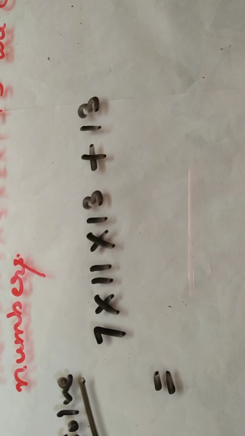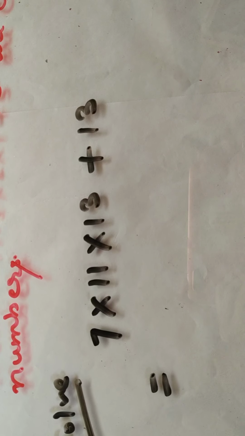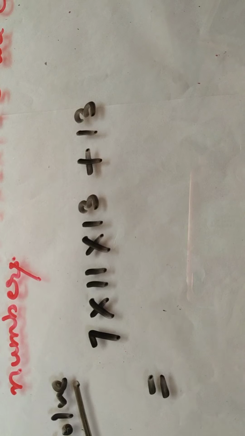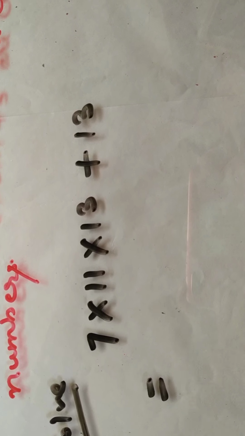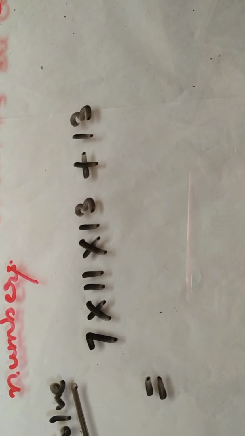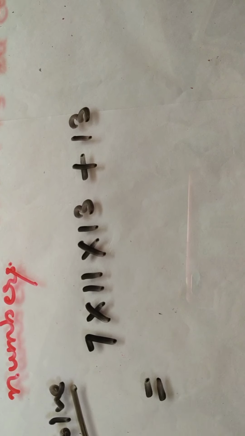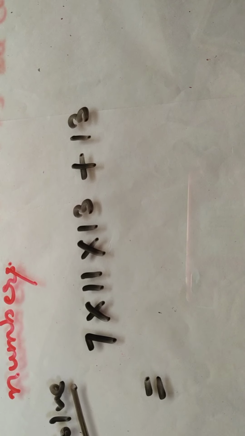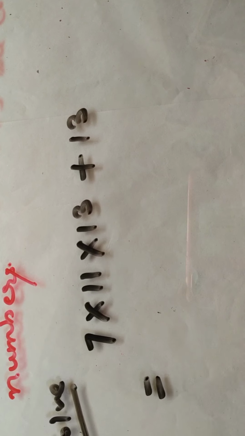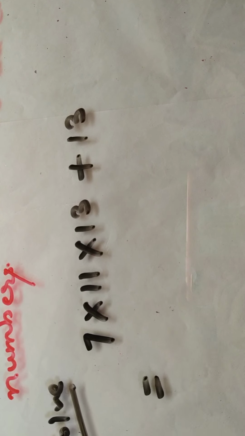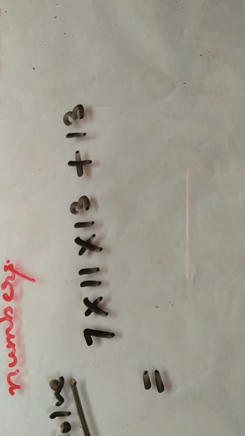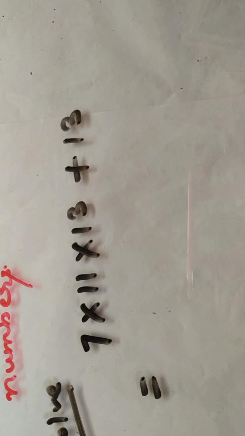We have to prove that the number is a composite number. We all know numbers are of two types, either prime numbers or composite numbers. Prime numbers have only two factors and composite numbers have more than two factors. Now we have to prove that the number has more than two factors.